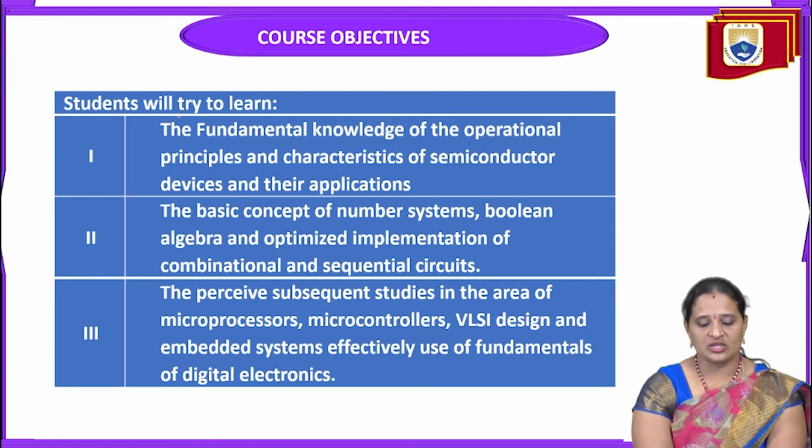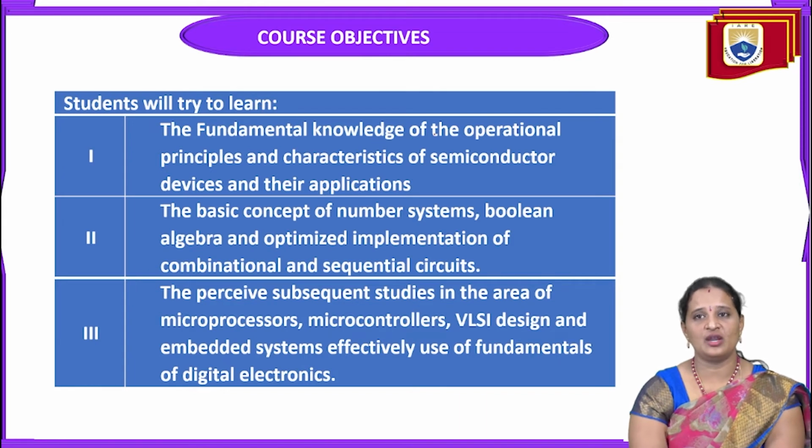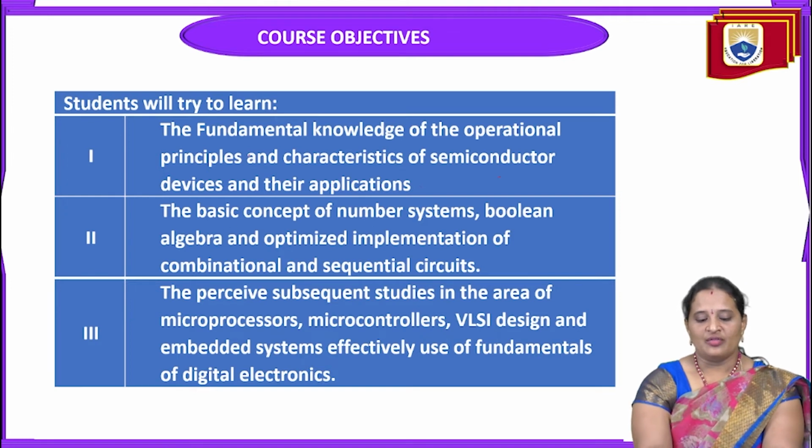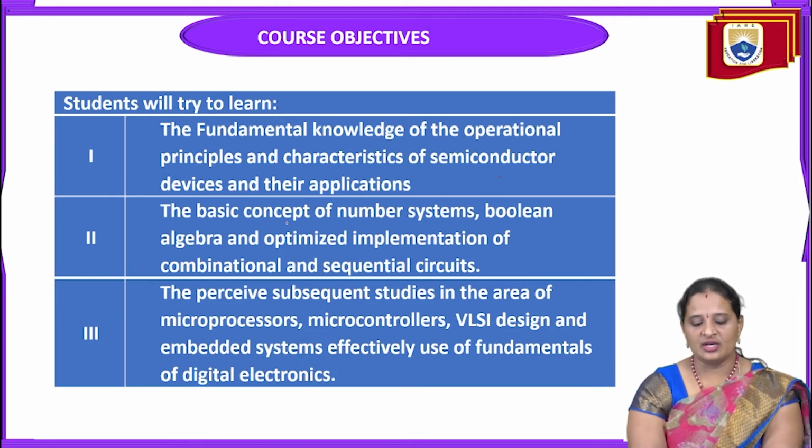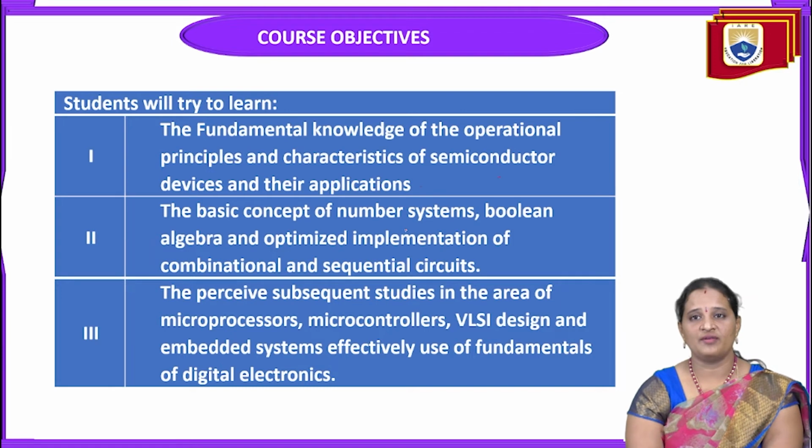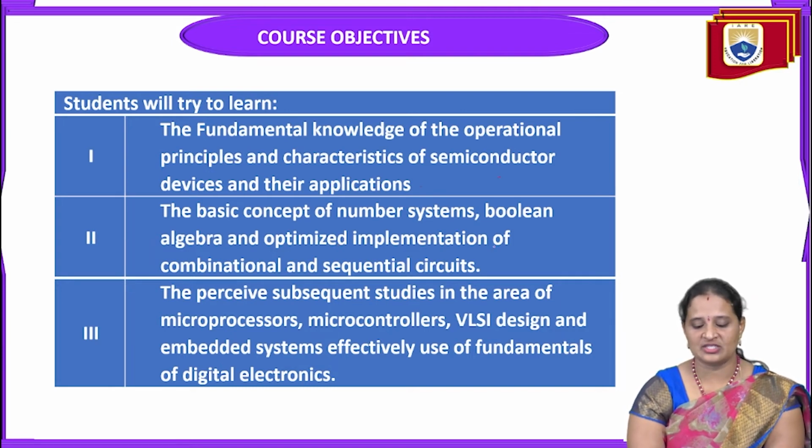Now let us see what the course objectives framed for the analog and digital electronics course are. The student will try to learn the fundamental knowledge of the operational principles and characteristics of semiconductor devices and their applications. Students will try to learn the basic concepts of number systems, Boolean algebra, and optimized implementation of combinational and sequential logic circuits.